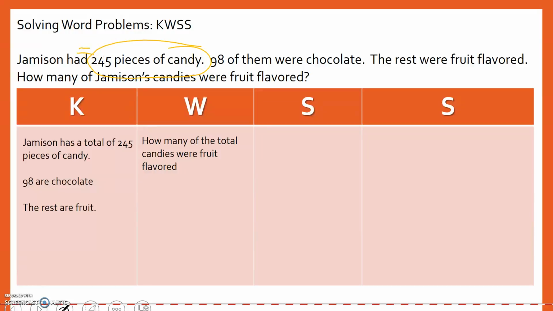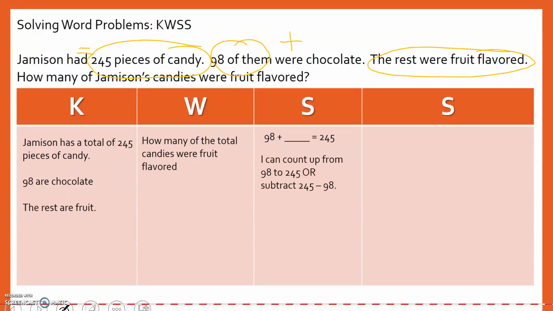And I know that if I take the 98 that are chocolate and I add them with the rest that are fruit flavored, my number sentence is going to be 98 plus something equals 245. So I have a missing addend. In order to solve a missing addend, I can count up from 98 to 245, or I can subtract 245 minus 98, because I know that subtraction is the opposite of addition. That's how I can find a missing addend.